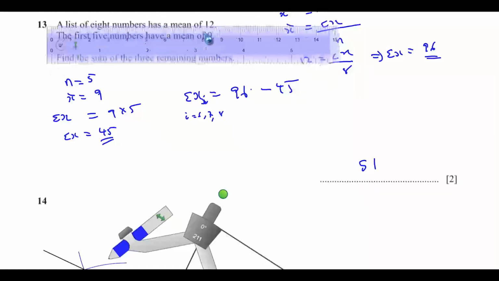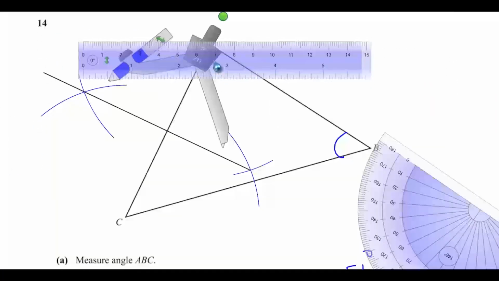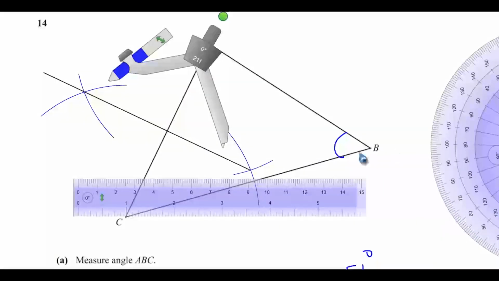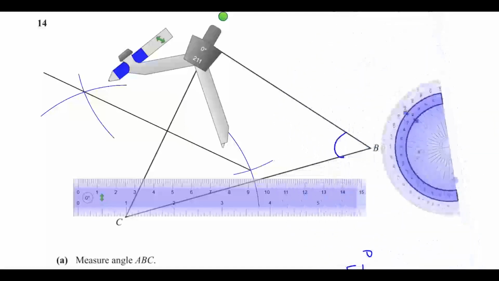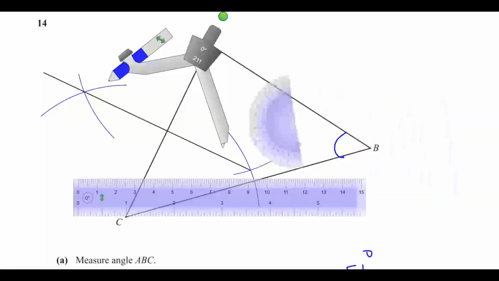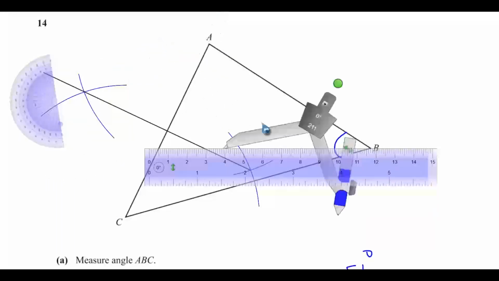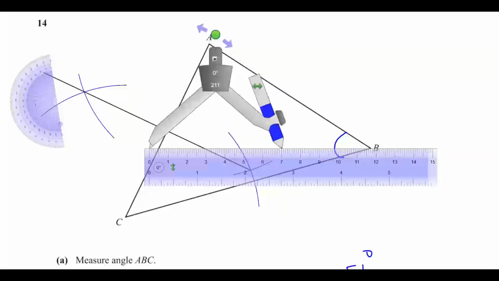From here, let's drop it down. Let's come here. We can remove this. We don't need this again, so I can put it here. Then let's measure 6 centimeters. From here, 0 here. Then let's raise this up.